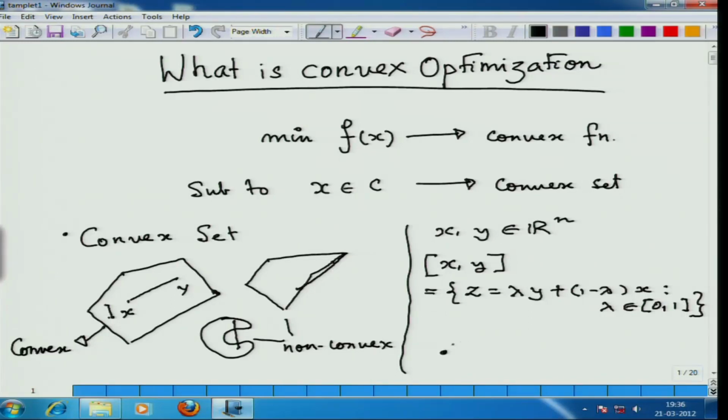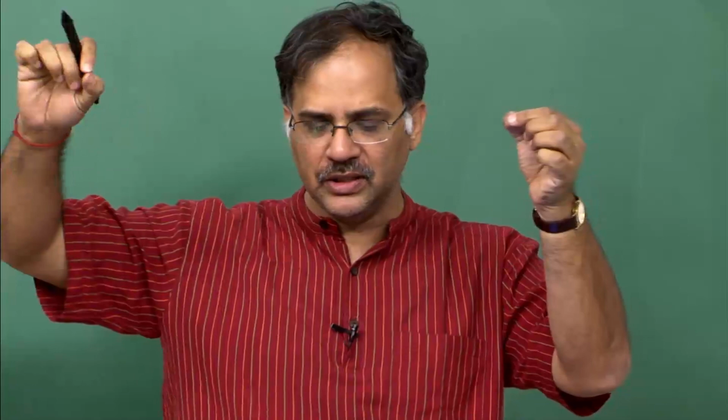So, it means if I take these 2 points x and y, and if I put lambda equal to 0 here, I am getting x, and if I put lambda equal to 1, I am getting y. So, as I vary lambda from 0 to 1, we move along this line from x to y. So, it is clear that this is nothing but the simple geometric line segment that we know. So, even when you are talking about 2 points in 3 dimensional space, we are talking about this line segment.